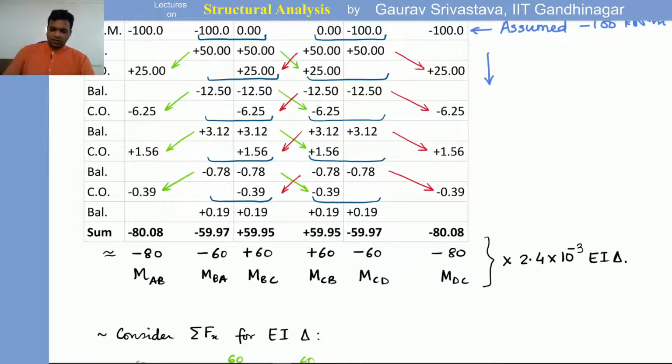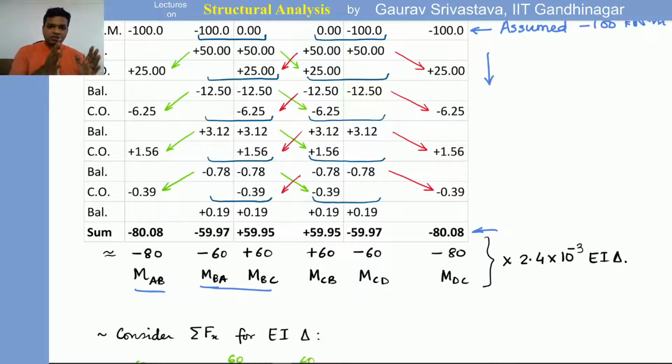Okay, and eventually we get here where the balancing moments are small, and so we sum them up. Okay, and we assume that we are making some small approximations. So instead of minus 80.08, we are writing minus 80 and so on. Okay, so these are the additional moments which will come due to sway.